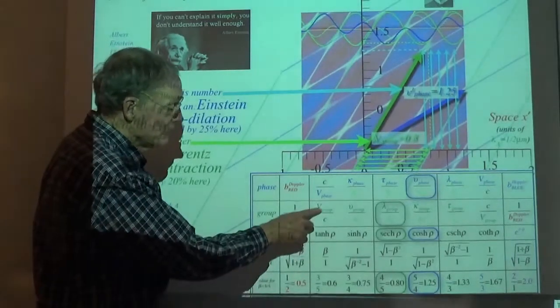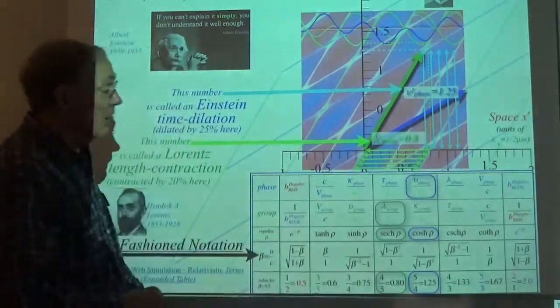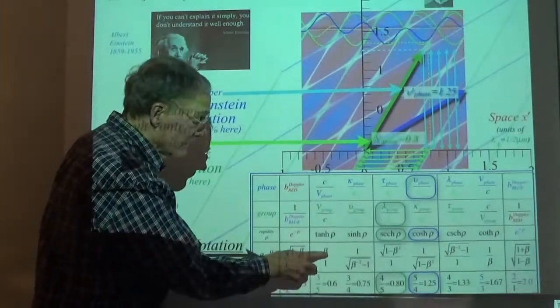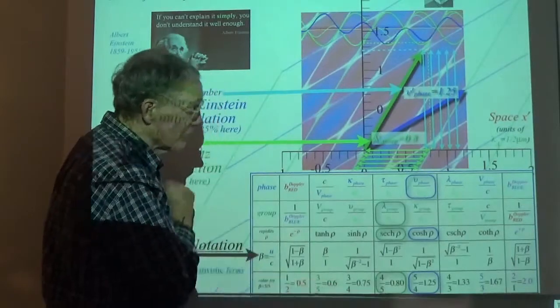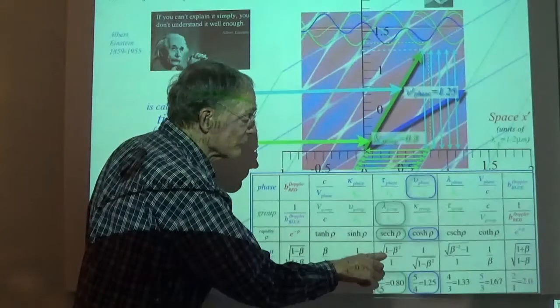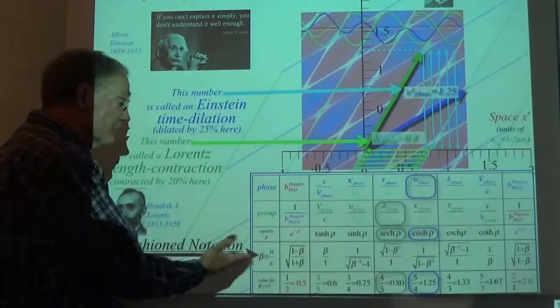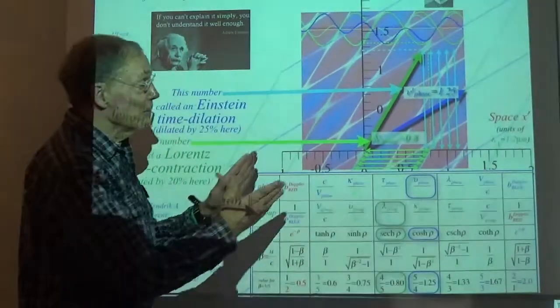So V group over C is U over C. The U is V group, and then the ratio of them is beta, and that is 0.6 here, 3/5. But the length contraction that we're talking about is the square root of 1 minus beta squared in the old notation. That's a secant.